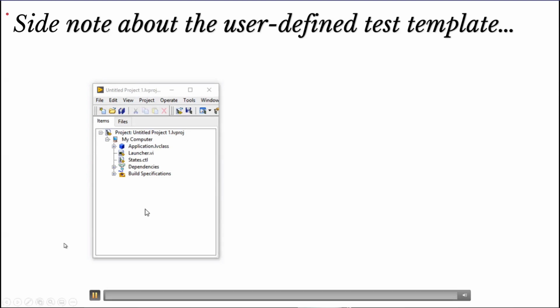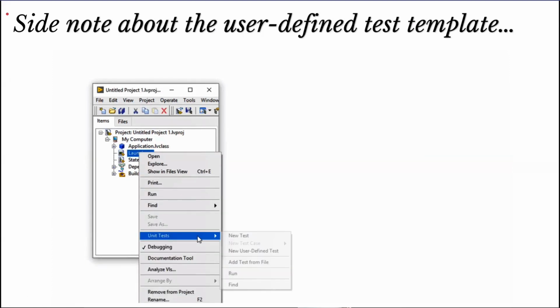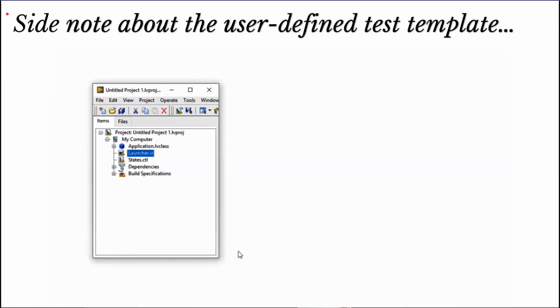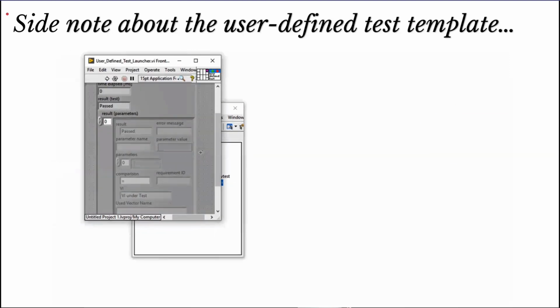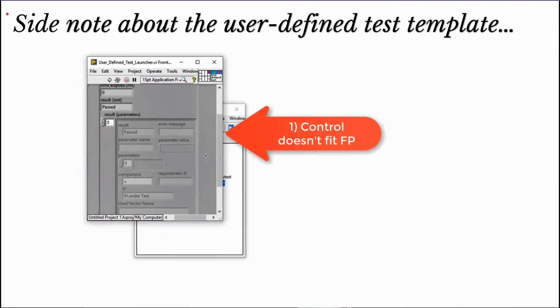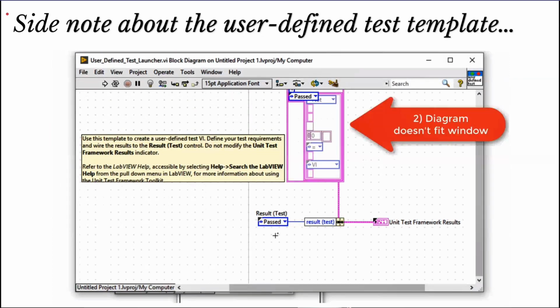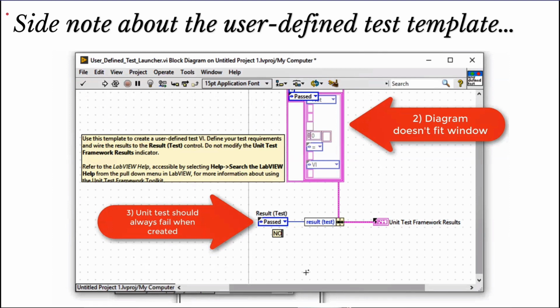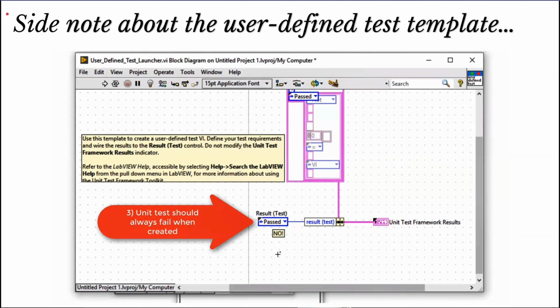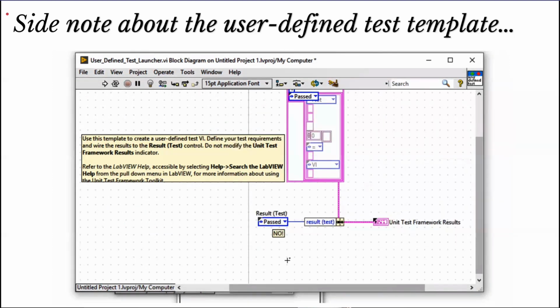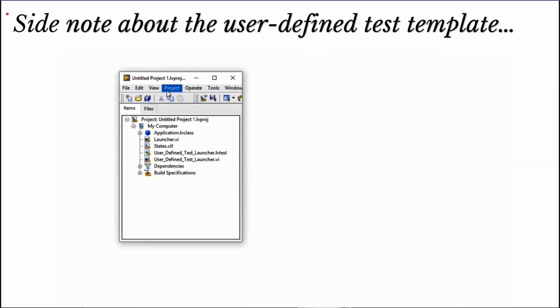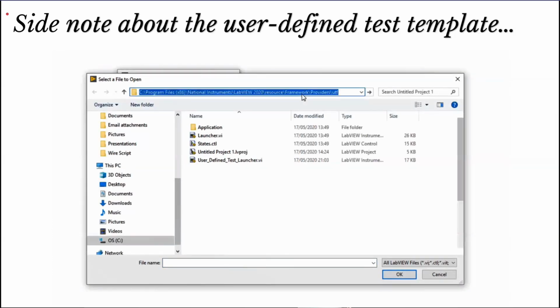So if I play this recording, if I want to create a new unit test or a new user-defined test for this VI, it comes up with this workbench. But I can see the front panel doesn't fit the control, it doesn't fit the block diagram, and the test is always set to pass by default. But if we're following proper TDD or test-driven design and development, that test should fail.